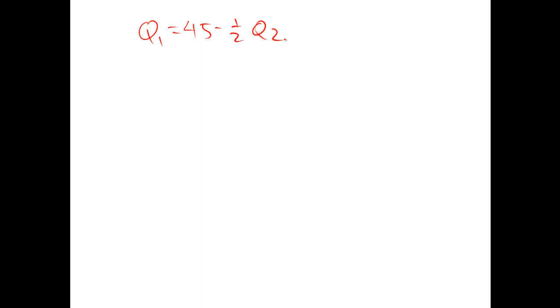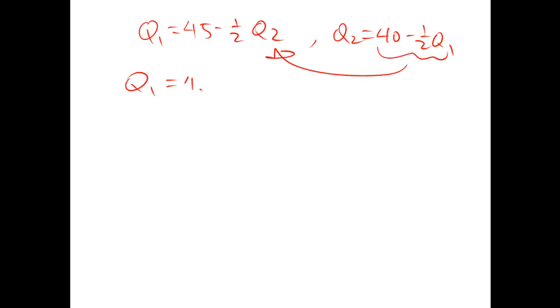If we plug in firm 2's reaction curve, which by the way was Q2 equals 40 minus 1/2 Q1, we get that Q1 equals 45 minus 1/2 times 40 minus 1/2 times Q1. So now we have an equation that just involves Q1, so if we're careful we can find the answer.